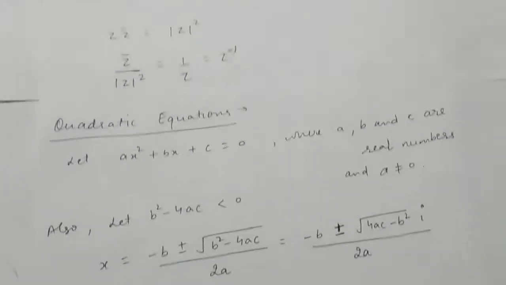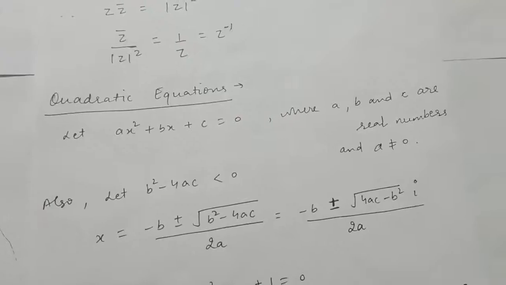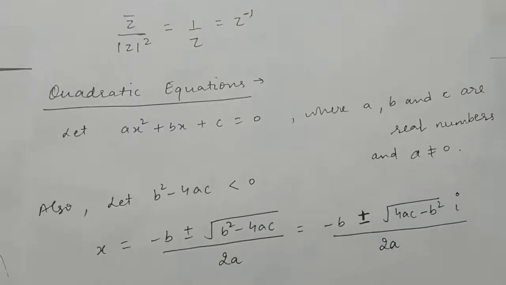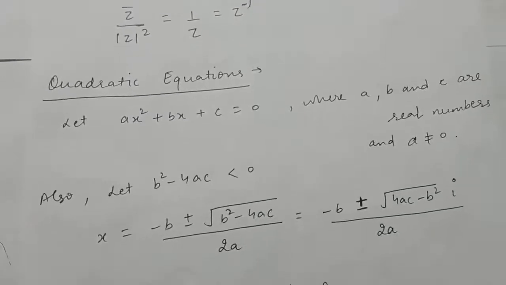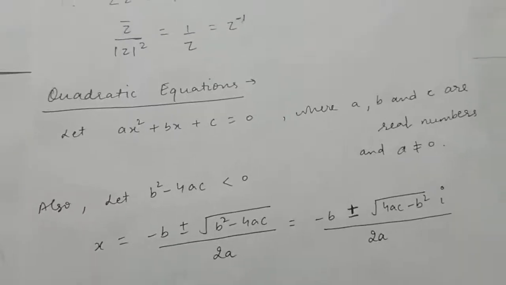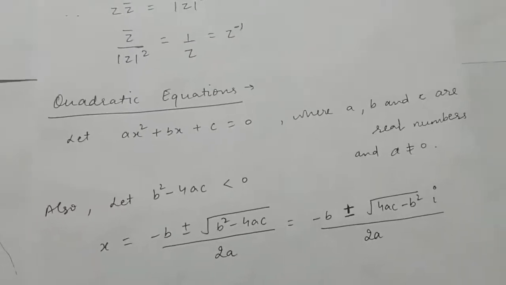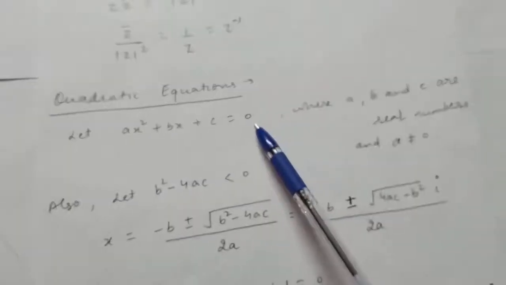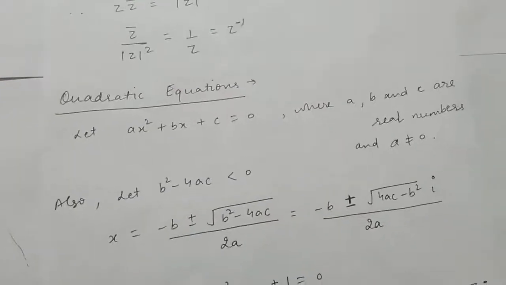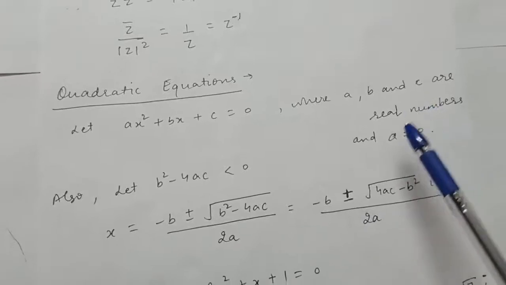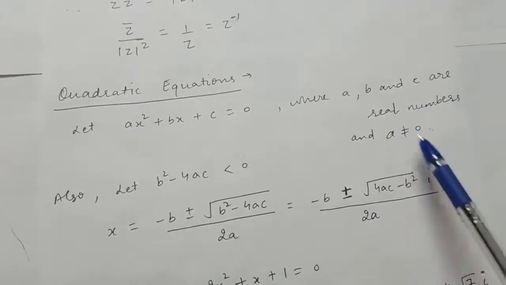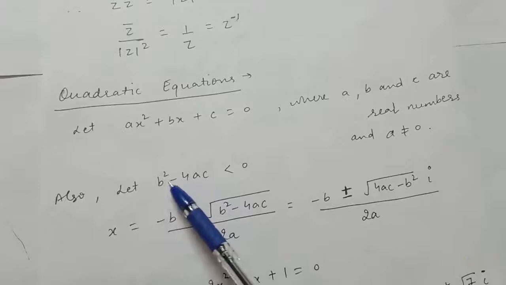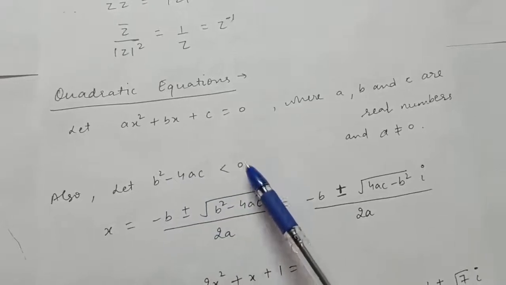Now comes the quadratic equations. As the topic of polar representation of complex numbers has been deleted, we will now discuss quadratic equations. Let this be the quadratic equation given, where a, b, c are real numbers and a is not equal to 0, and let b square minus 4ac be less than 0.